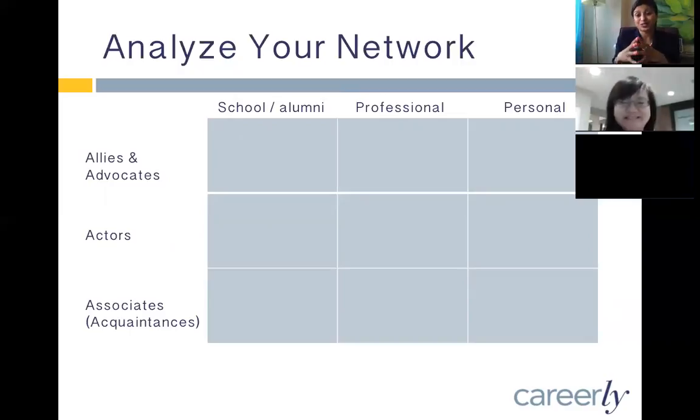So start with your associate groups, the different groups you belong to, and that's the first level of analysis. Then think of people who are actors. Those are the ones who, within those groups, you have some sort of relationship with and interact with. And then the next level are people who really know you pretty well, enough to vouch for you, enough to say, I stand by this person, I recommend this person.